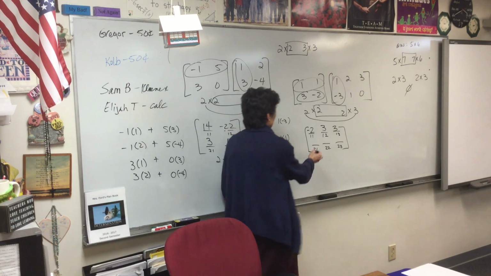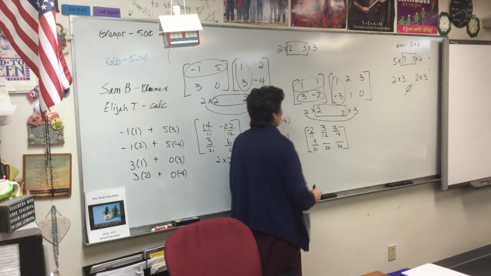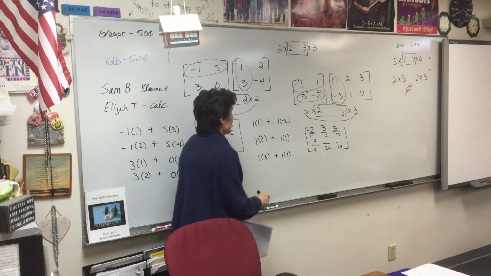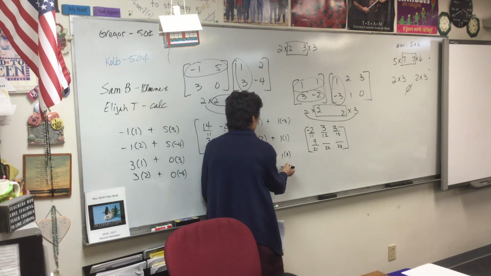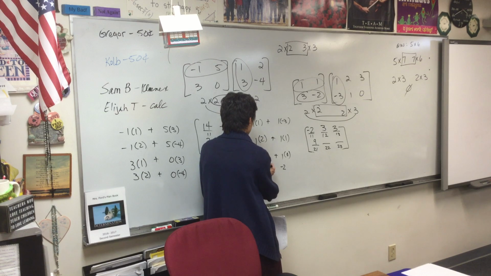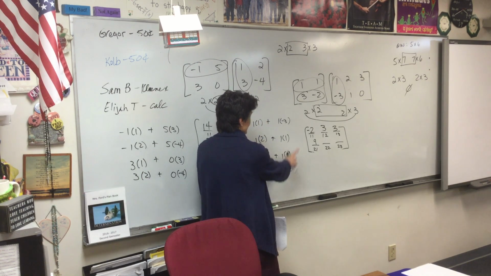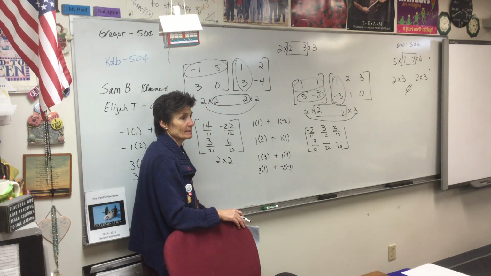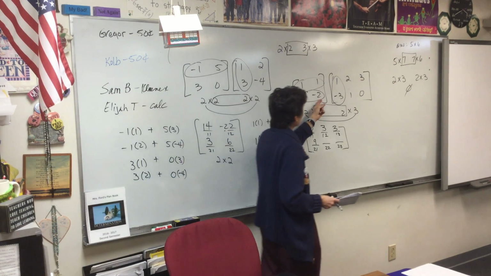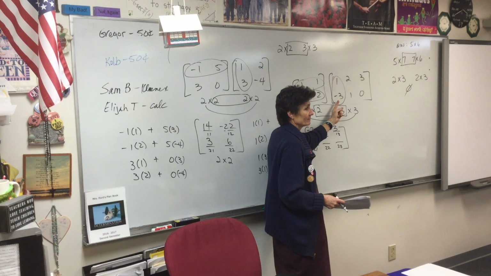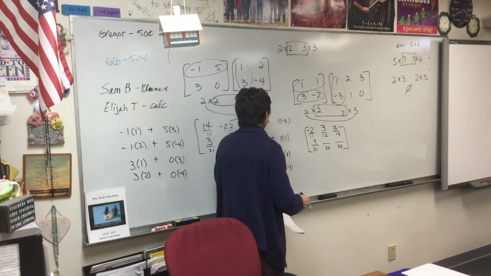What did we get here? If you got 9, you are right, because it's 3 negative 2 and 1 negative 3. So 3 plus 6 is 9. Perfect. It's row 2, column 1. So the next one, what did you get?